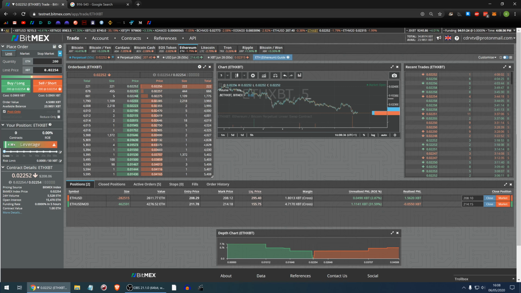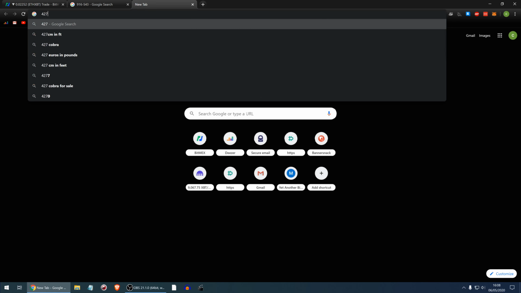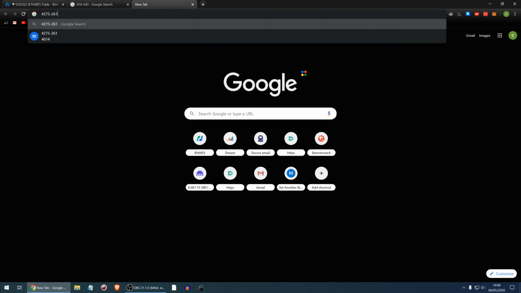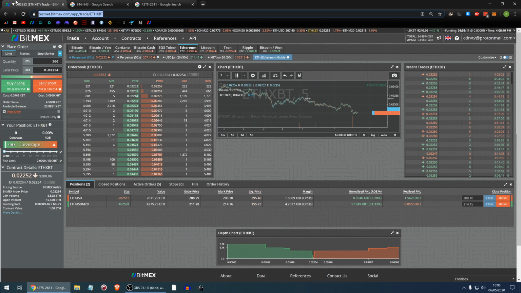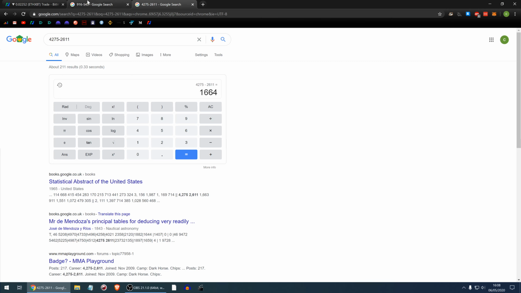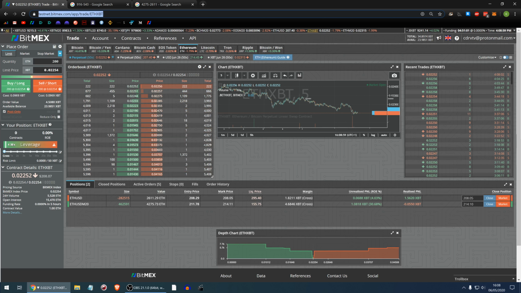Okay. So the value in ETH is pretty easy to hedge and calculate, so that's 4275 minus, so we need to short 1664 ETH.